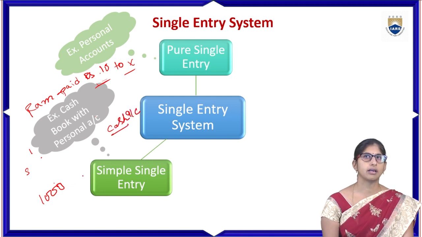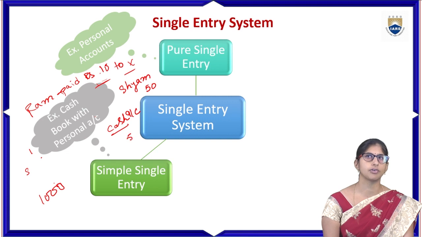And Shyam also purchased some goods, rupees 50, and he is also paying cash. So 50 plus 10 plus earlier 1,000 was there.